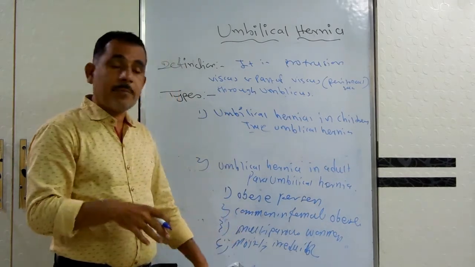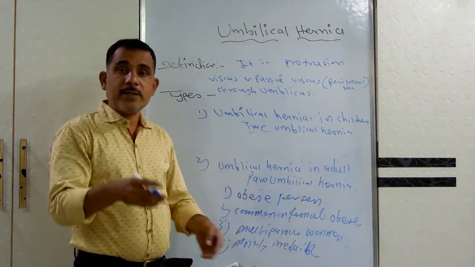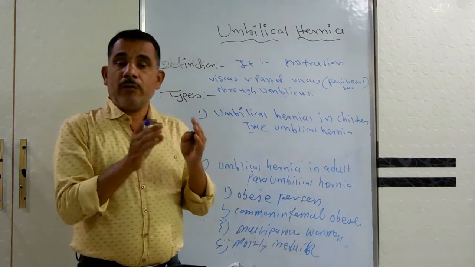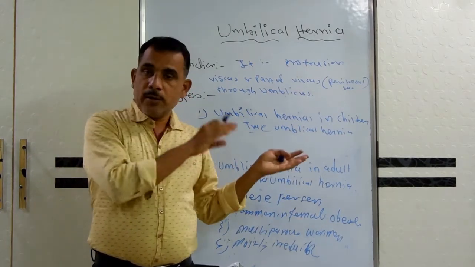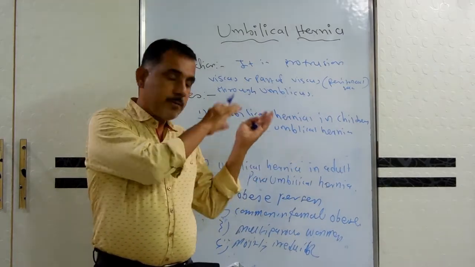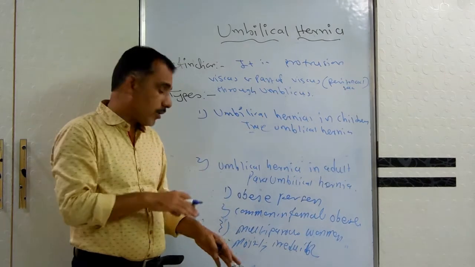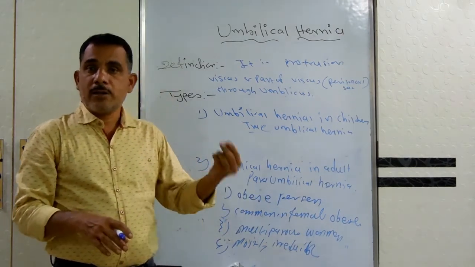But here this hernia may be reducible or irreducible, mostly irreducible, because once herniation occurs it causes adhesions with the fascia or the linea alba, which don't allow reduction back into the abdomen. So that's why it is mostly irreducible.